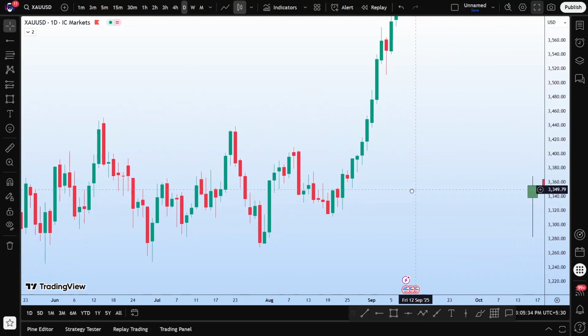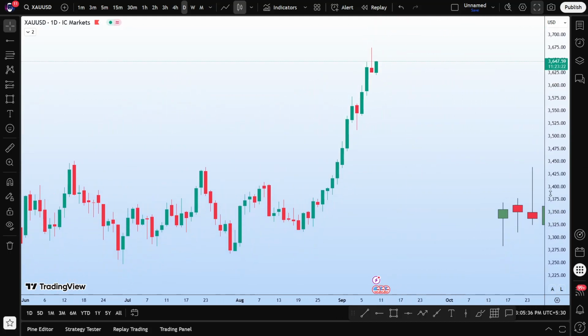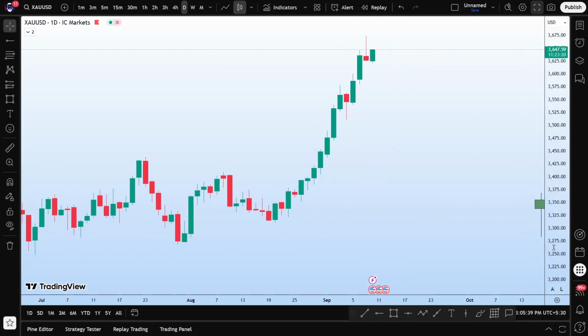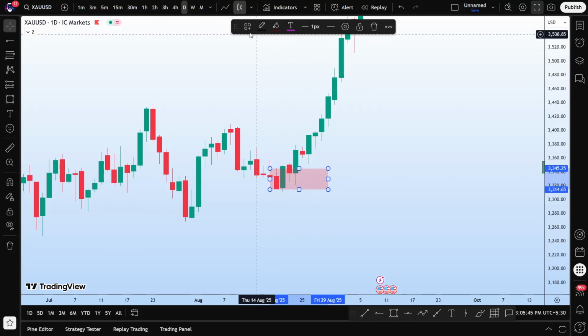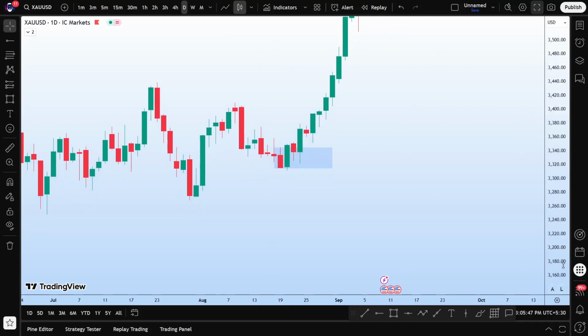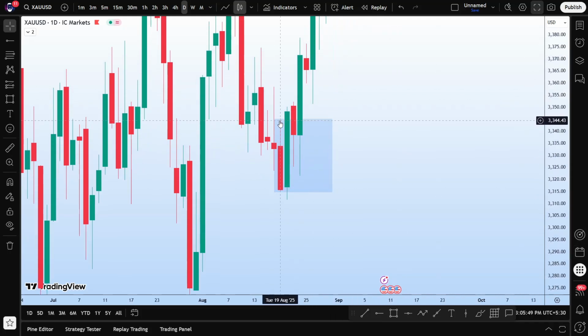Over here, if I look into the gold chart on a daily time frame, I can see this is a bullish engulfing buy. Why is that? Because the high of this bearish candlestick has been engulfed with the body closure of a bullish candle.